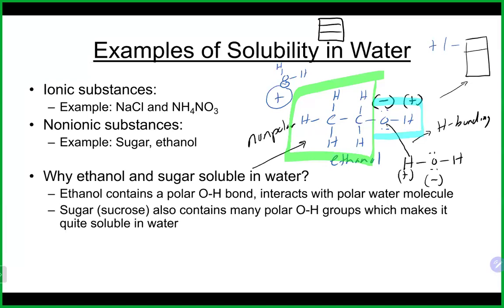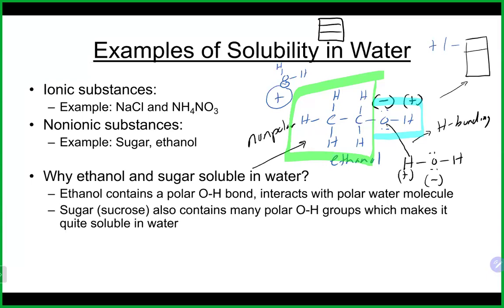So if you have things that are relatively small and have an OH group, they can interact well with water, and that makes them soluble in each other because they both use the same type of interaction. Ethanol will hydrogen bond with itself. Water will hydrogen bond with itself. So when they come together, it's not a problem for them to hydrogen bond with each other, and they're able to get in there to do so.